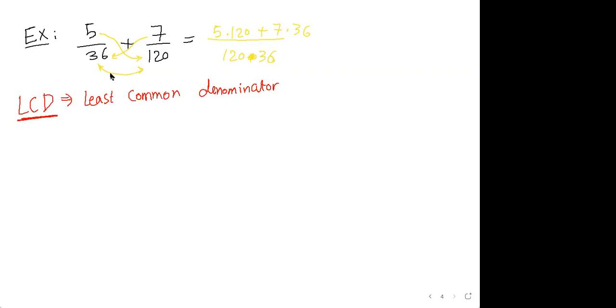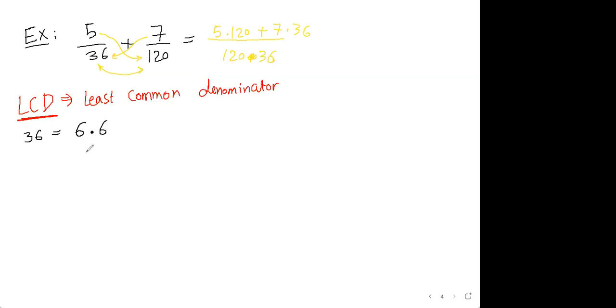So look, we take the 36 and we try to factor this number. What's the factor for 36? In other words, give me two numbers that, if I multiply them, give me 36. Okay, I will choose 6 times 6.